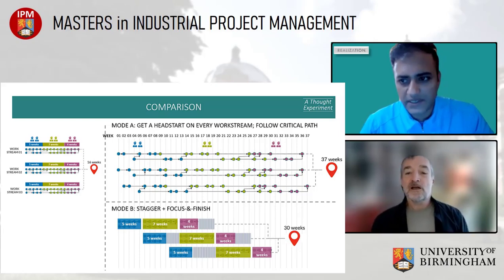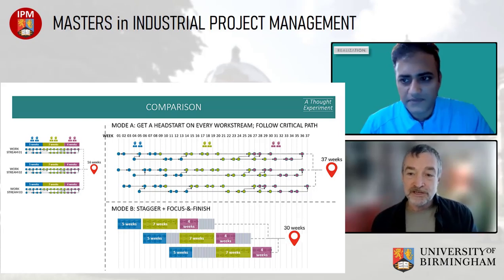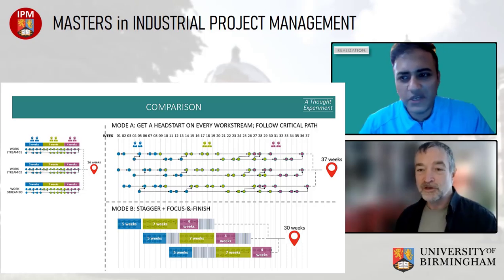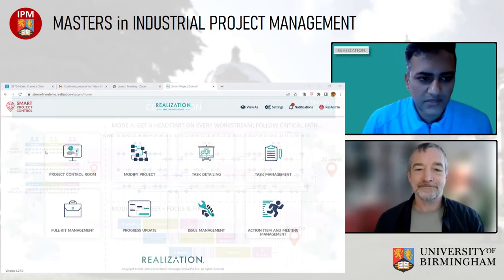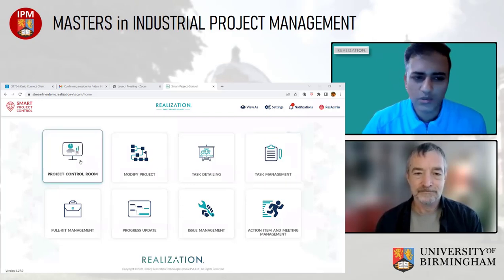So unlike using MS Project, Primavera, that requires you to put the dependencies at the lowest level of activity that you've put in your schedule. Whatever you define, you go down there. This is sort of the starting point of the software, and we'll basically talk about two of these boxes. One is the project control room.